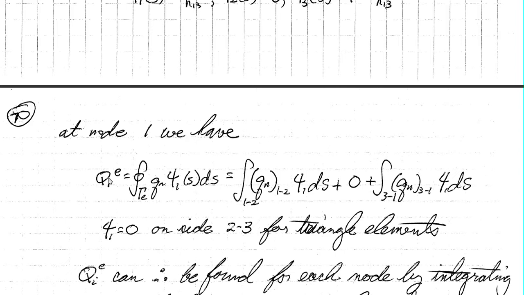Here's our interpolation function. And then we have to evaluate 1 to 3, right? Psi 1 is 0 on side 2 to 3, so this never comes into play in our integral. We only have to integrate 1, 2, and 3, 1. So by plugging in psi 1, we can integrate this out. It's just integrating a polynomial, and then we can get Q1. And this is found along the boundary.